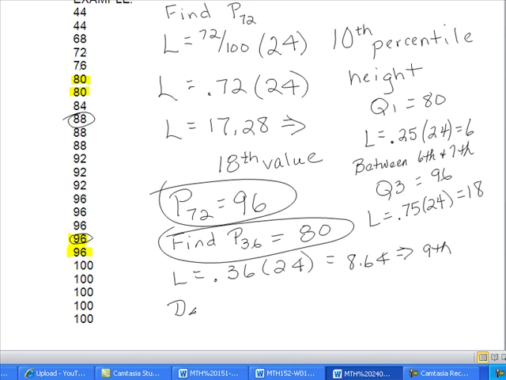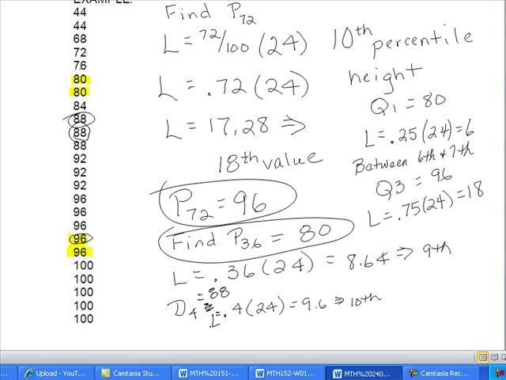I'm going to use 4/10 times 24, would be 9.6, so we want to go to the 10th number in the list. 3, 4, 5, 6, 7, 8, 9, 10. So that's 88. That's our locator calculations.